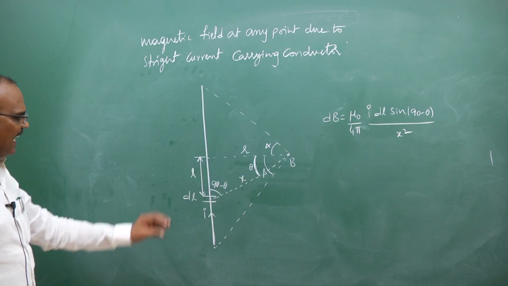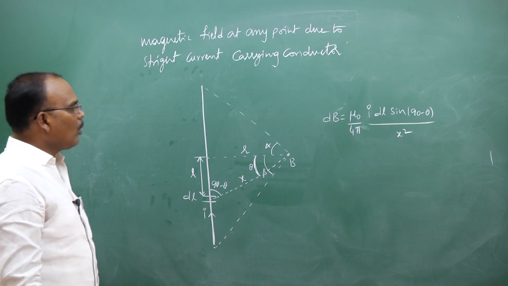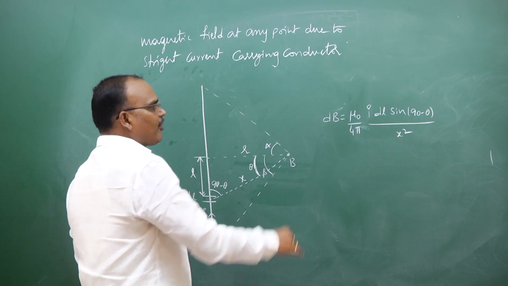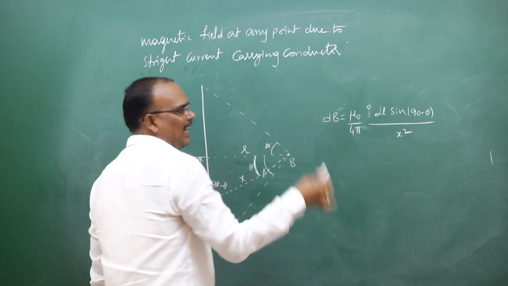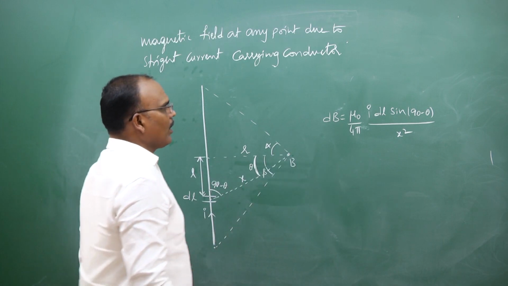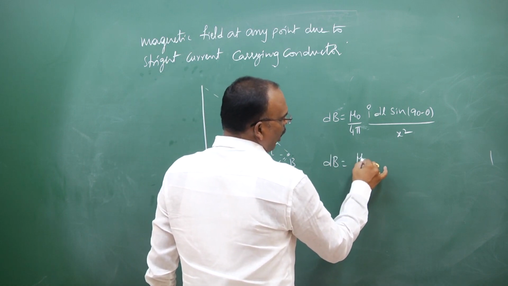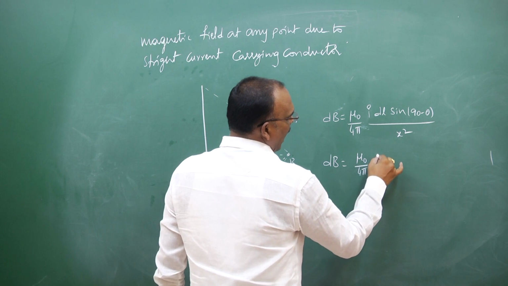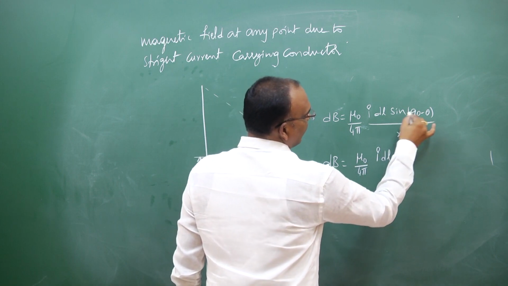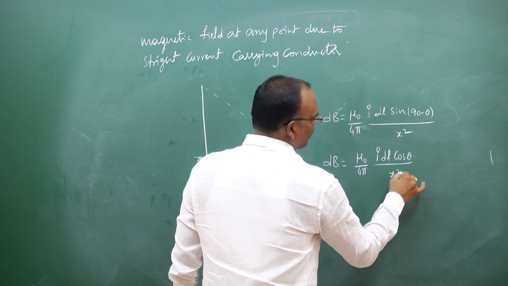This is an exact duplication of the Biot-Savart law. So dB is equal to mu naught by 4 pi I dl sine of 90 minus theta, which is cos theta, divided by x square.